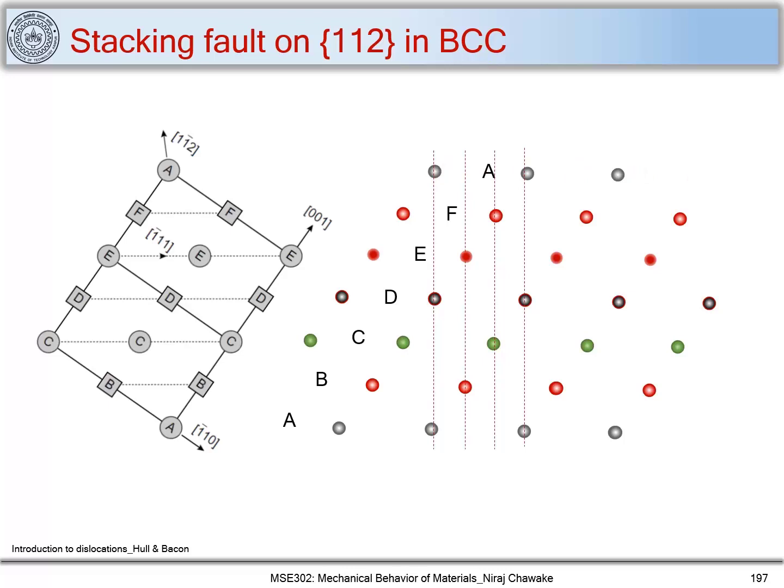Let us write it down again. So we have this direction which is 1 bar 12 direction, and thus these planes will be 1 bar 12 kind of planes, and this direction will be bar 1 type of direction.